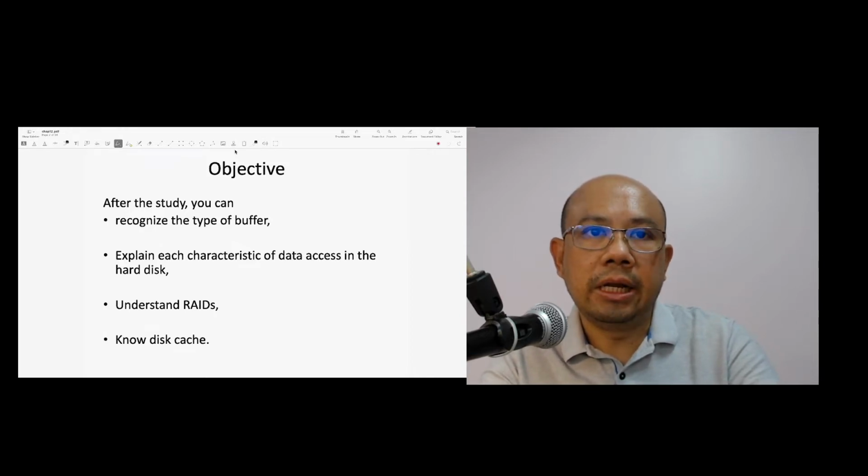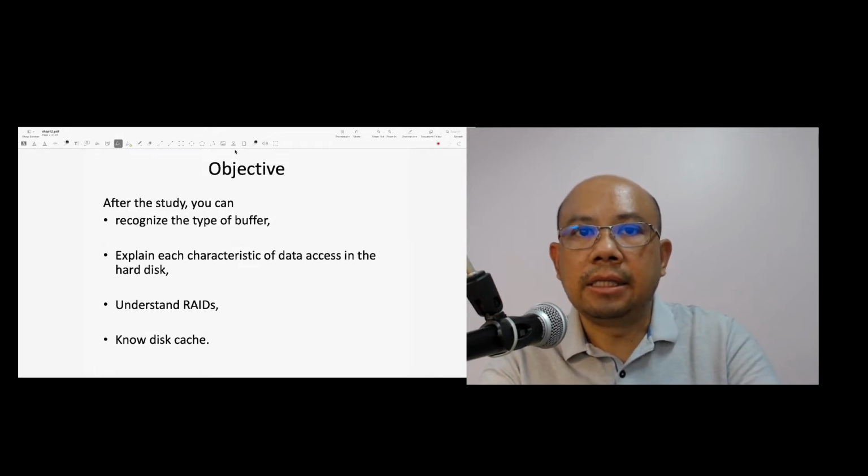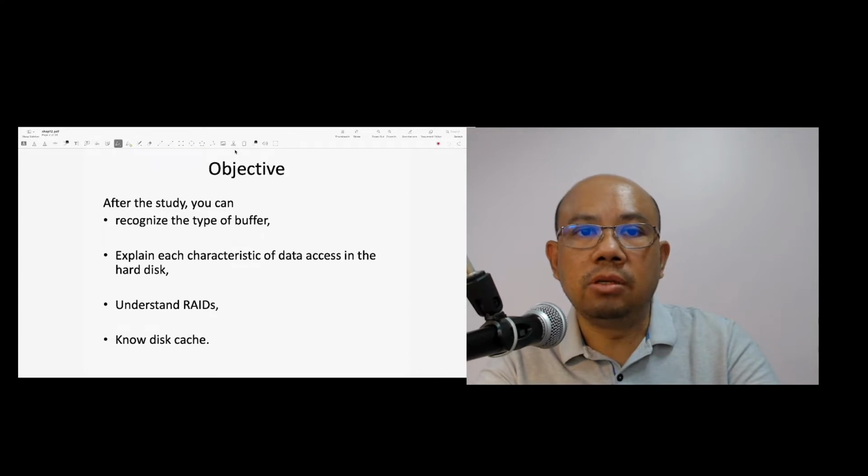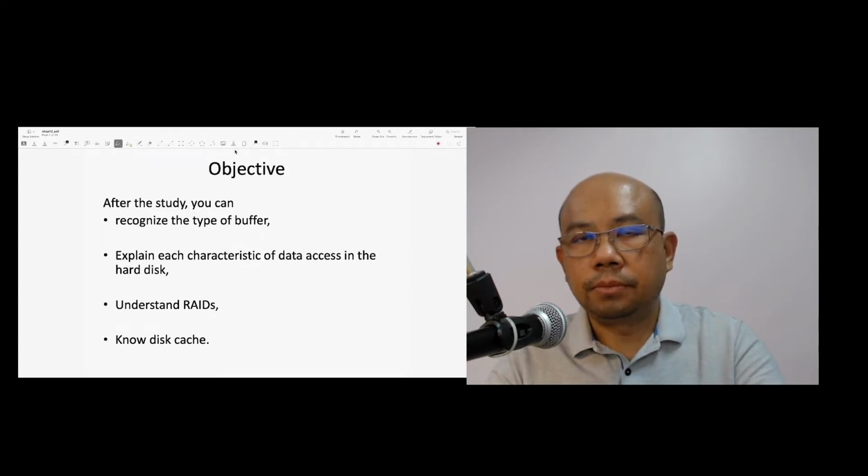After that, you will understand RAID, that is hard drive management in the computer system. Finally, you will understand the disk cache, that is the buffer for data transferring between the hard drive and the computer system.